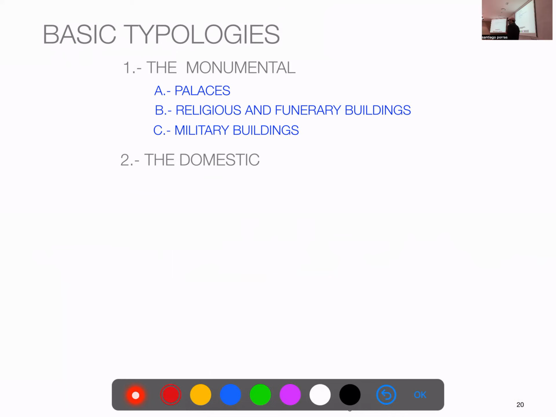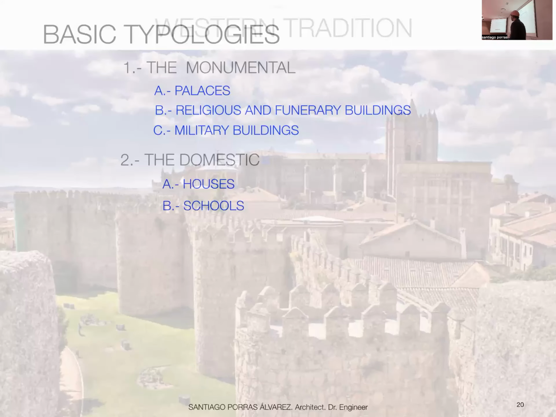And the domestic is probably the least preserved, because it is easy for a castle to remain and to be preserved, but not small houses. But domestic makes like 90% or 99% of the real construction, real use. So for us to understand the city, not only buildings, domestic architecture is important, right? And to know how traditional houses are made is important, as well as schools and so on.